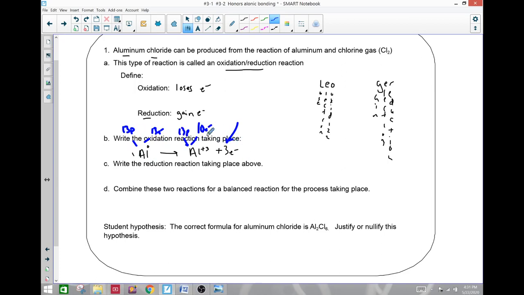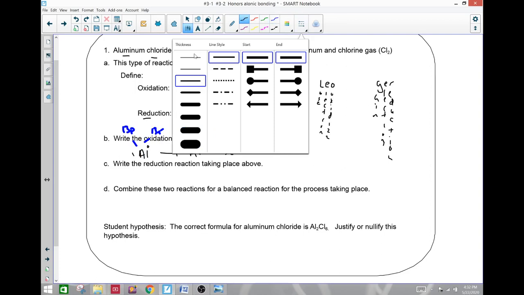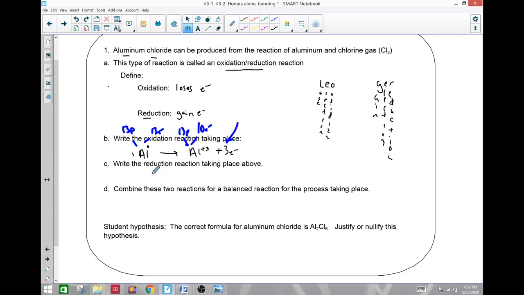Snapshot before, snapshot afterwards. Next one, reduction would be the chlorine. It would be Cl2, because that's a diatomic molecule, goes to 2 Cl negative, and this guy's got to pick up electrons.